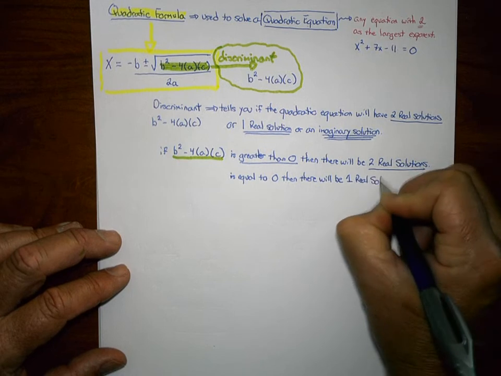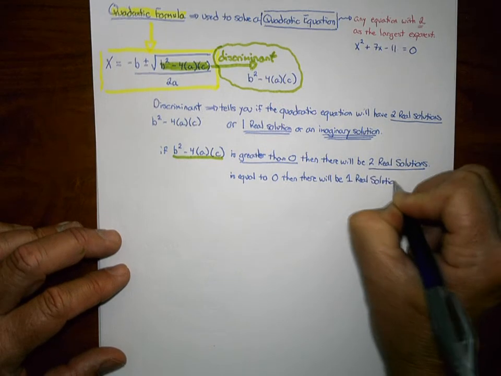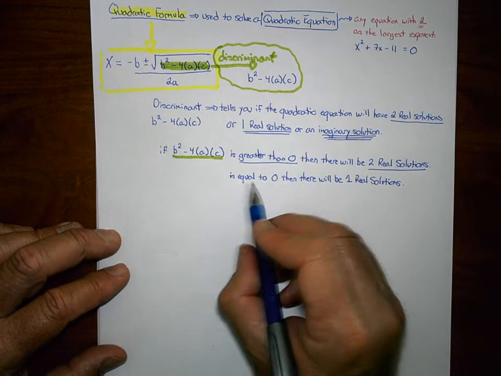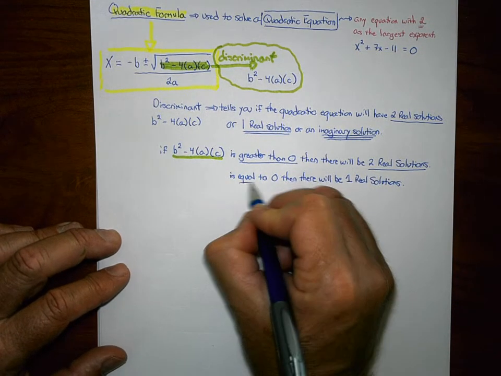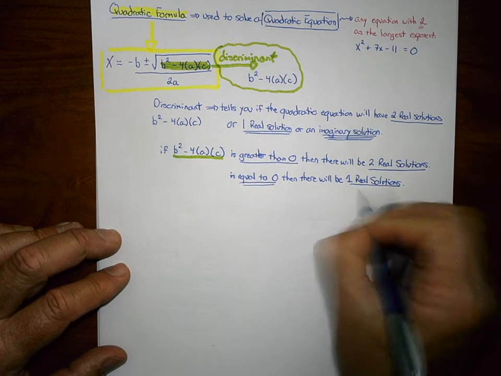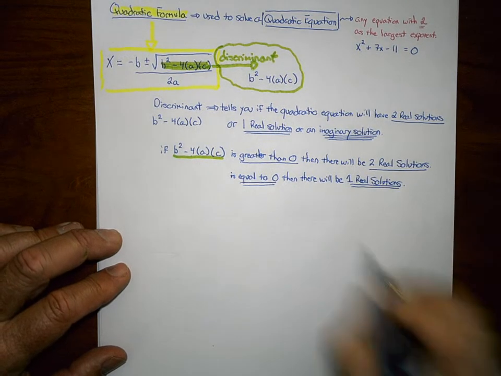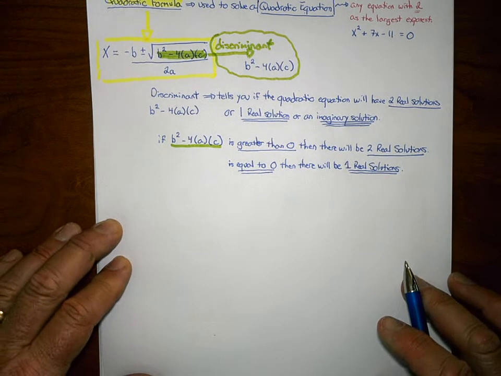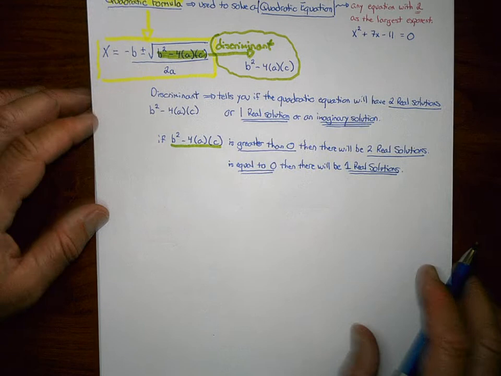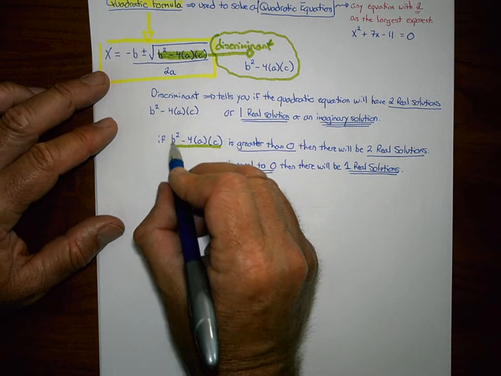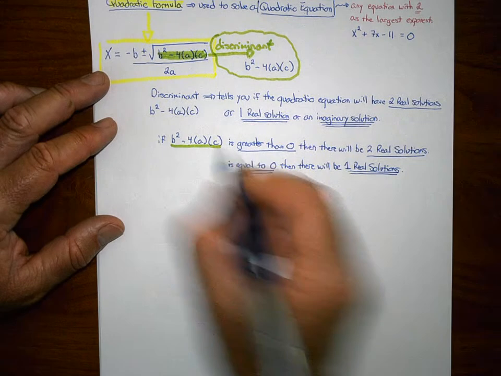So if the discriminant turns out to be equal to 0, then there's only going to be one solution to the problem, and that solution is going to be a real number, like a normal number that you're used to seeing.